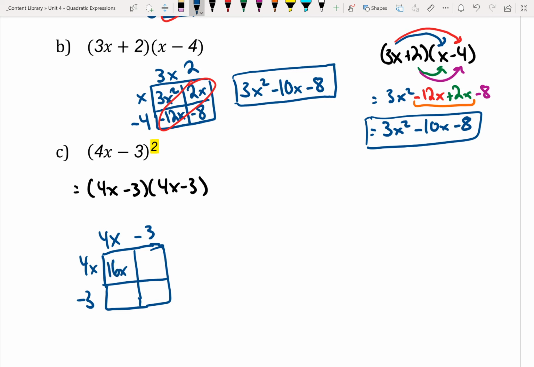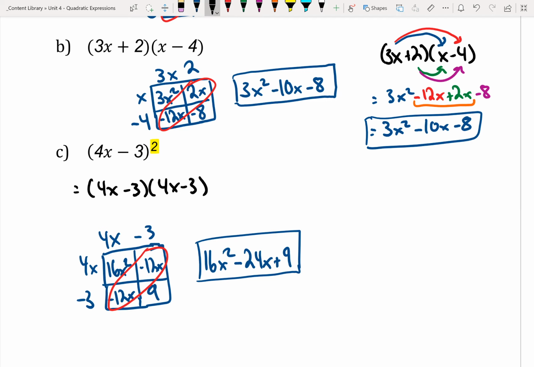So I get 16x squared, negative 12x, negative 12x, and 9. From there, I should see that I can collect these terms because they do have the same variable. So I end up with 16x squared minus 24x plus 9.